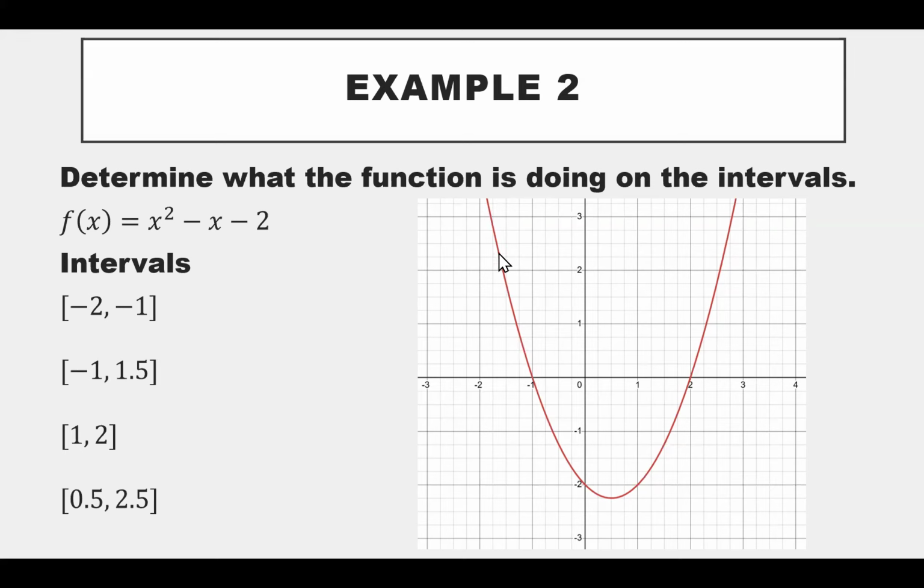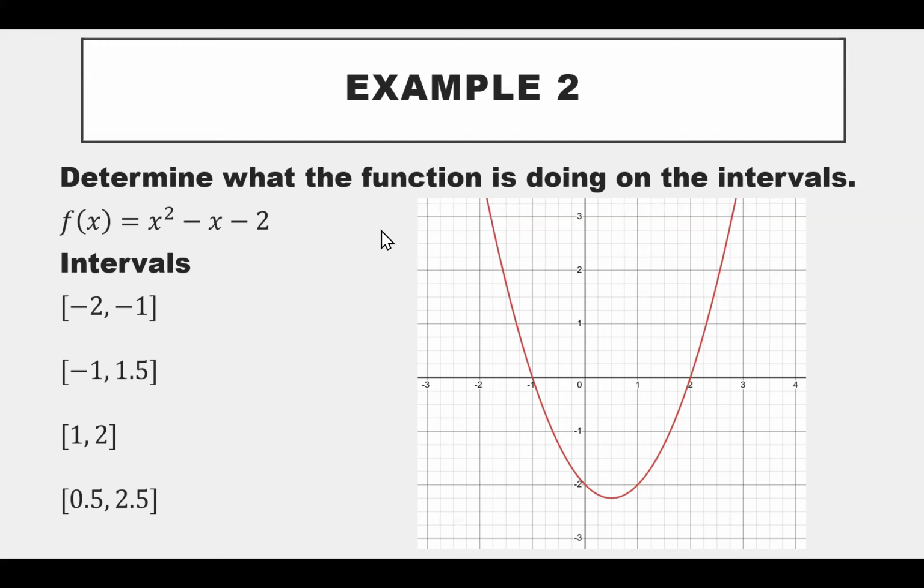Then this graph is moving down for a while until we get to this bottom point. And then once we hit that bottom point, we start moving back up. So it's decreasing, and then it hits a bottom point, and then it's increasing.